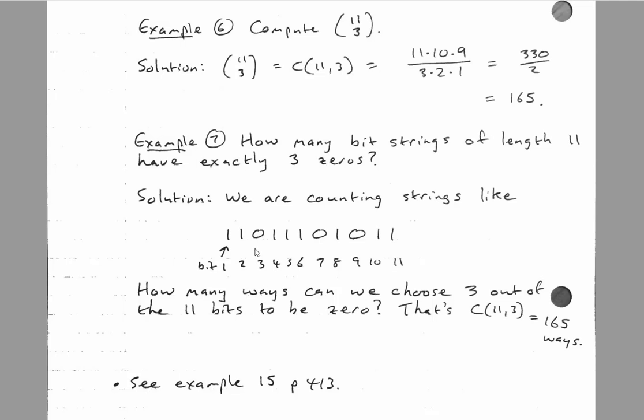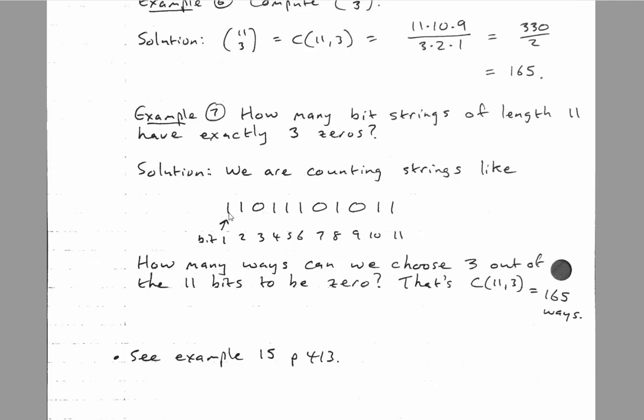The order doesn't matter: if we chose the 3rd, the 7th, and the 9th, or the 7th, 9th, and the 3rd, we'd get the same bit string. So choosing 3 out of 11, not caring about the order, that's C(11,3). So the same number, 165.